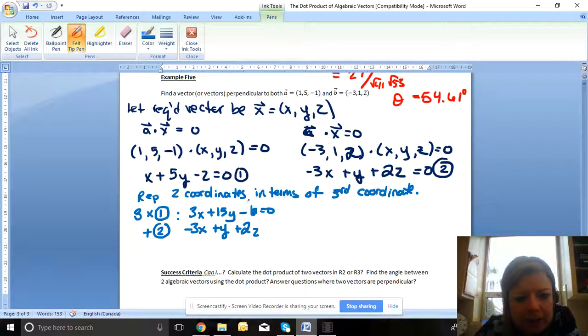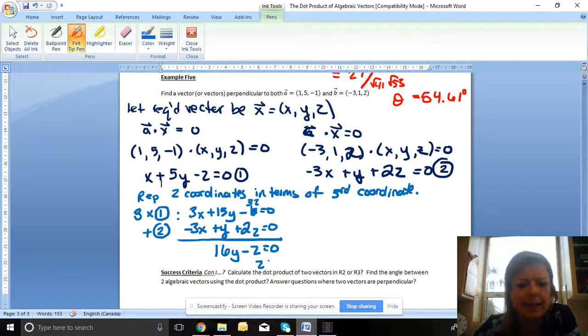I actually have a mistake on my note there. Okay. So when you add this together, you get 16y minus 3z plus 2z, so minus z equals 0, or z equals 16y. Okay, so we're going to leave that as important.